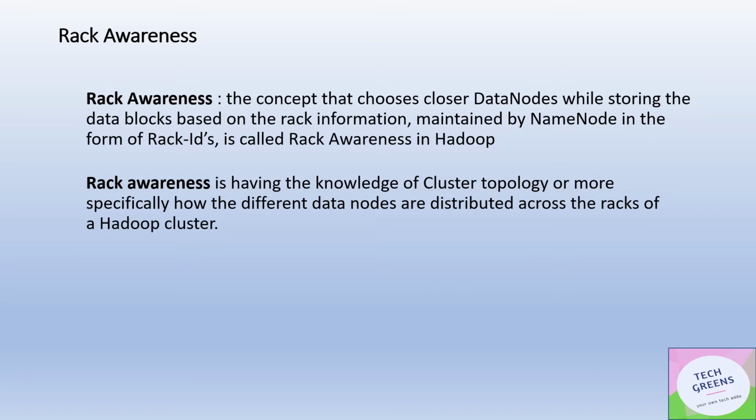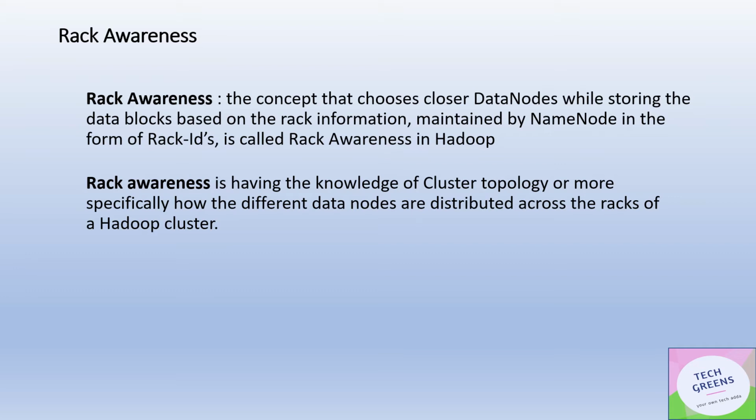That means the Hadoop cluster via the name node is aware of the different racks which are available as part of that physical Hadoop cluster, and whenever Hadoop tries to write data to any of the data nodes, it will prefer to choose a particular data node which is closer to the client based on the rack IDs maintained by the name node. So this whole information in the form of rack IDs is stored by the name node, and as the Hadoop cluster is aware of different rack IDs in the cluster, this whole concept is called rack awareness in Hadoop.